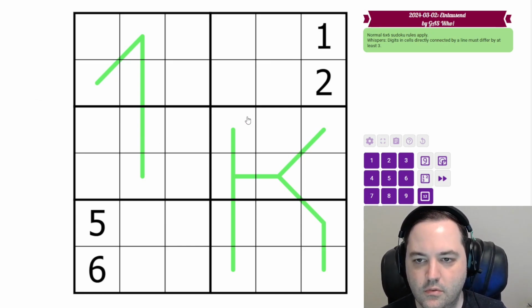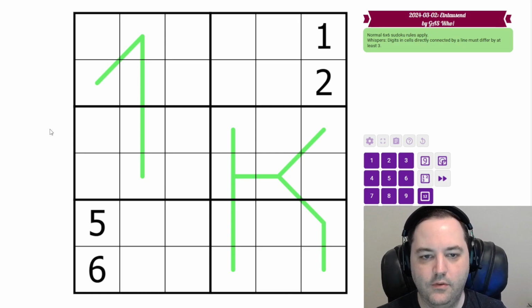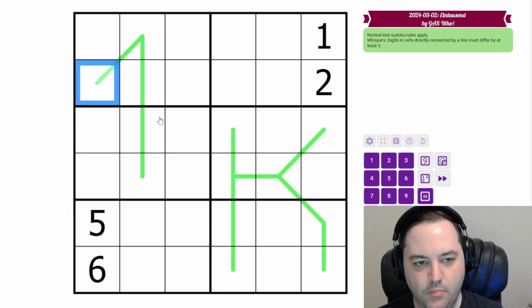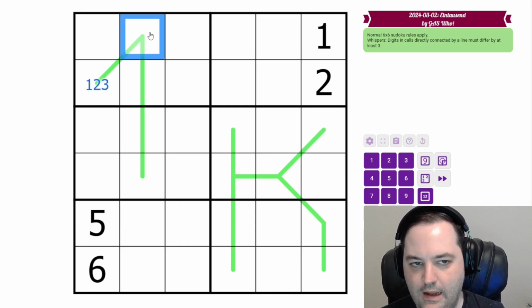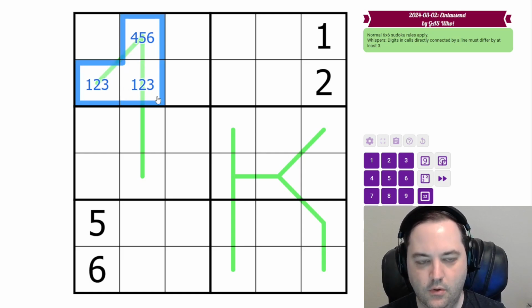So for Whispers, just like with German Whispers in a 9x9, we have to alternate between a low digit and a high digit. If we put a low digit here, to get 3 away from this, we can't have another low digit. We can't have 1, 3, those are 2. So we would have 4, 5, 6. To get 3 away from this, we would have, and so on.